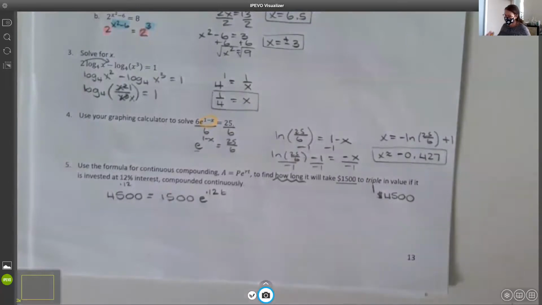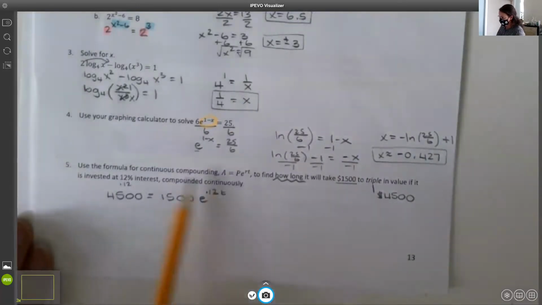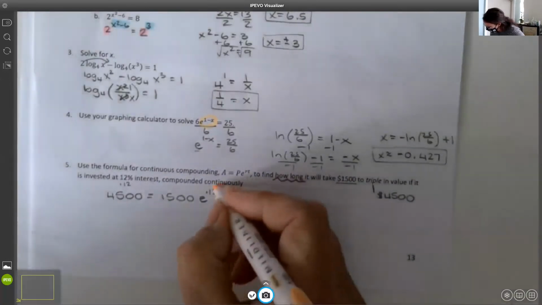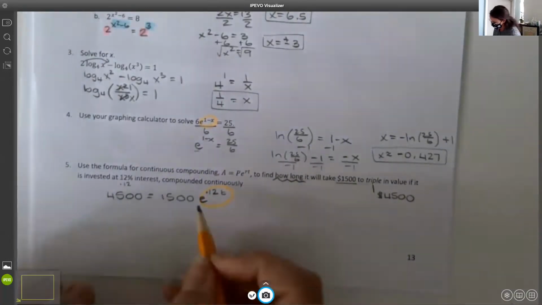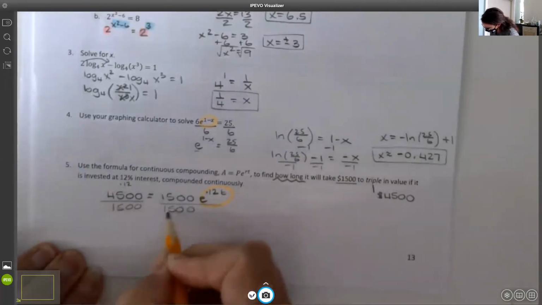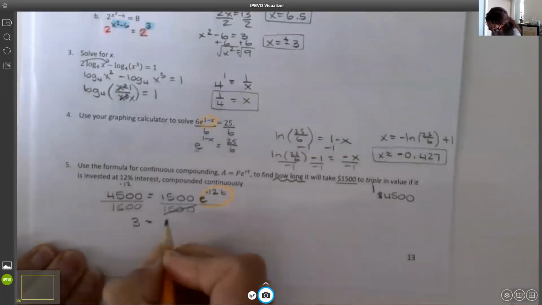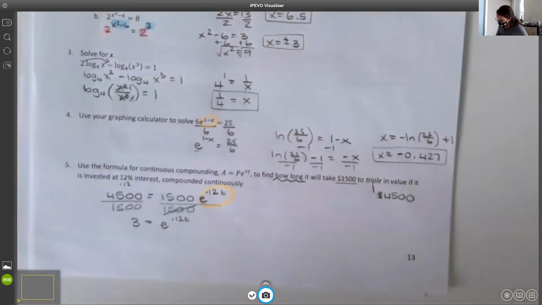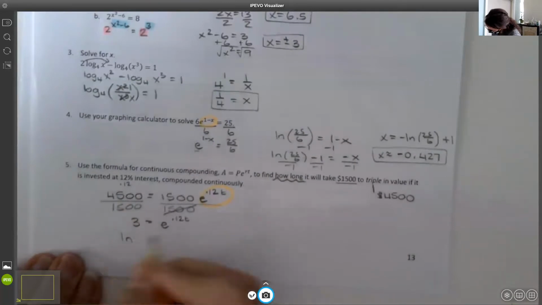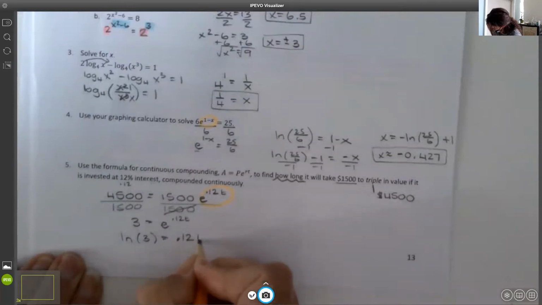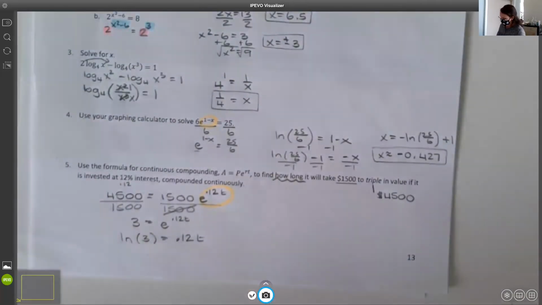When we were doing these problems before, we weren't able to solve a problem like this yet, but now using what we've learned today, you can figure this out. So again, you want to start by getting this exponential part by itself. So I'm going to divide both sides by 1,500. And that's going to give me a 3. And then I'm going to rewrite it as a log. So I'm going to take the natural log of 3 is equal to 0.12t.